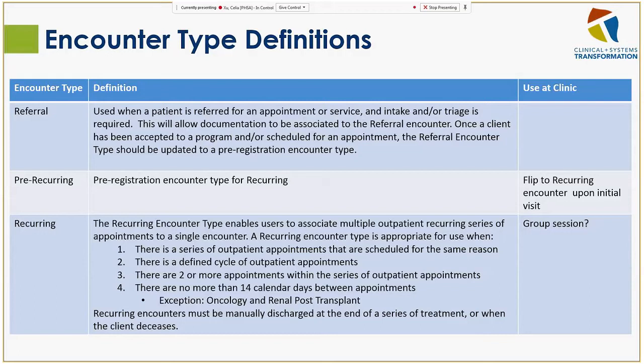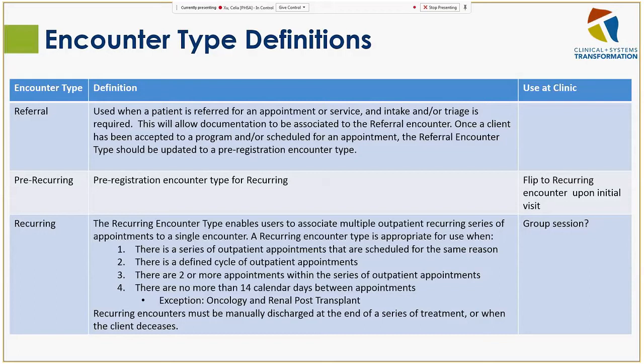Any documentation can be associated with a referral, whether scanned or faxed, and then the health organization can triage the referral, deciding whether they want to accept the patient or not. If the patient is accepted, it will be changed to a pre-registration encounter type.